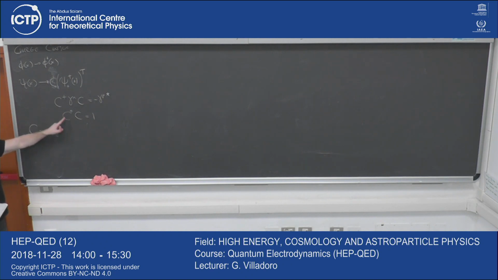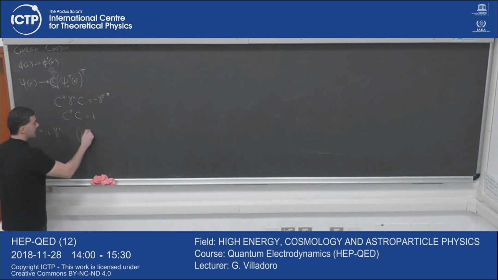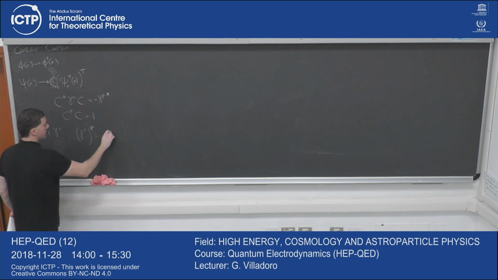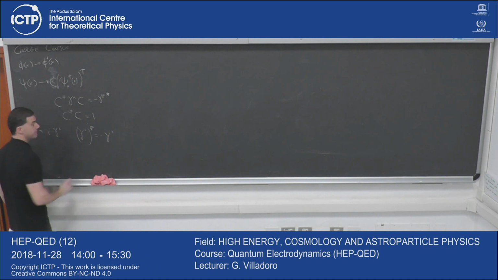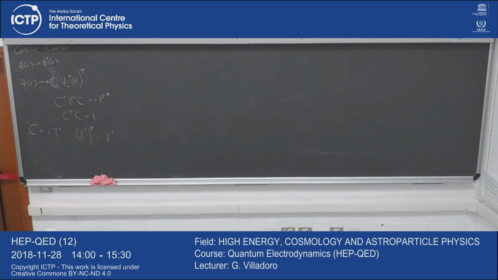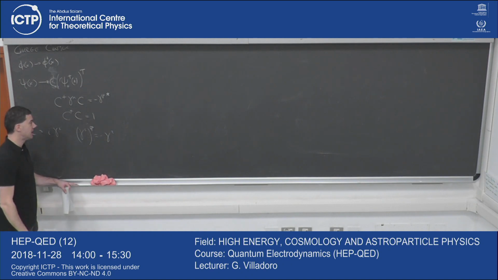Substitute here. Well, first of all, i gamma 2 times minus i gamma 2 dagger is 1, because for our choices, gamma 2 star is equal to minus gamma 2. Because gamma 2, if you remember, was the one with the sigma 2, which was purely imaginary.